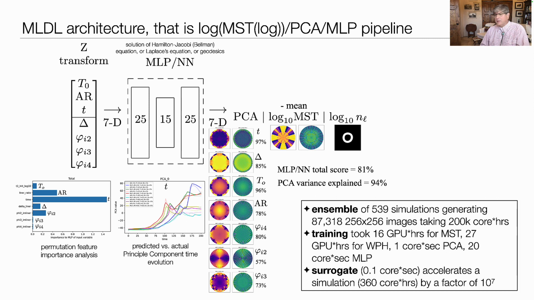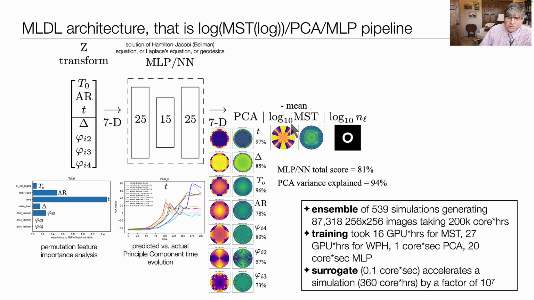What is the overall pipeline of this motion that we end up having here? The overall pipeline starts, in this case, with an image of the liner. We take the logarithm of it, then the Mallat scattering transformation.